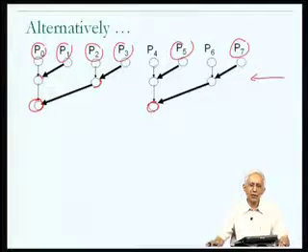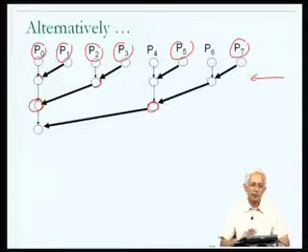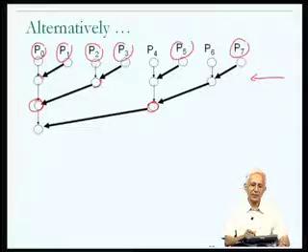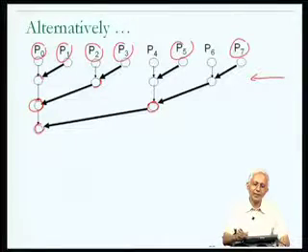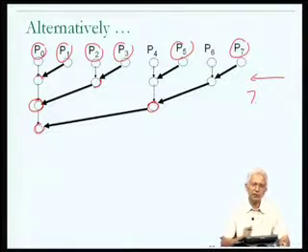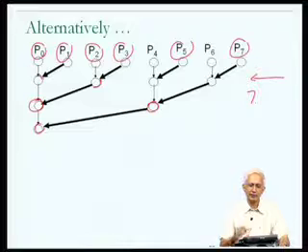Now with one more communication, it's going to be possible for process P0 to become aware of the fact that all the processes have reached the barrier, and that message will have to be sent from P4 and received by P0. So with a total of 4 plus 2 plus 1, or 7 message sends and 7 message receives, we have been able to inform process P0 that all the processes have reached the barrier.